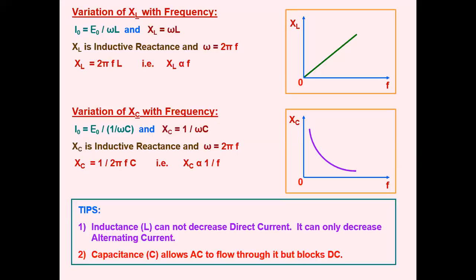So a filter circuit can be framed, designed or fabricated using capacitor and inductor in different ways, either in series or in parallel, depending on the purpose to be fulfilled.